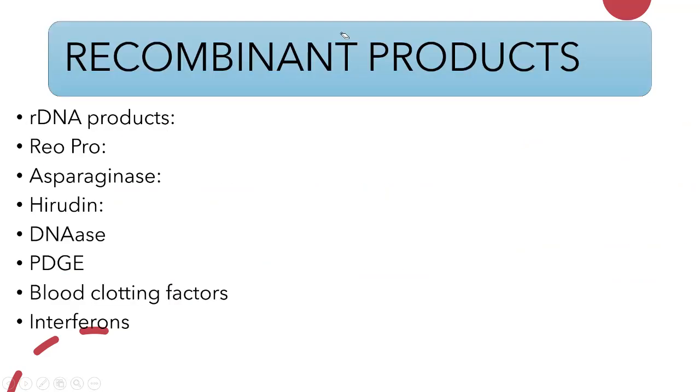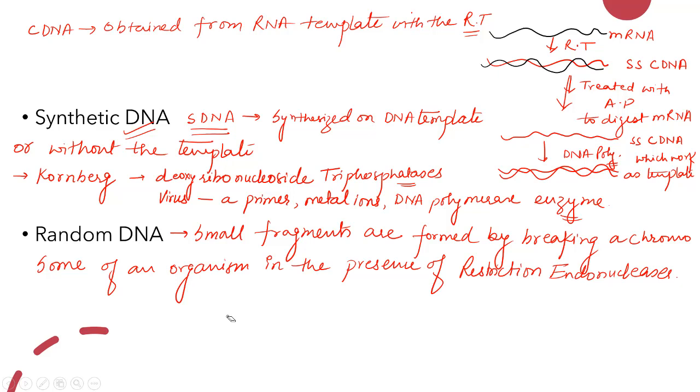The recombinant products: what are the different recombinant products?